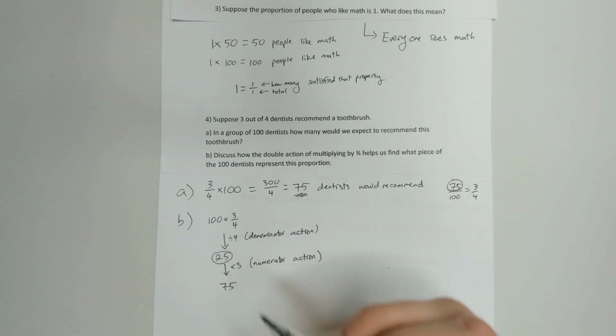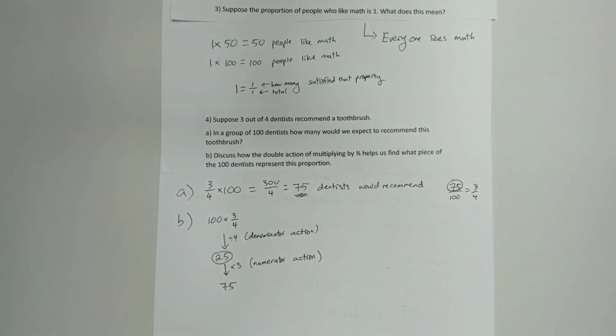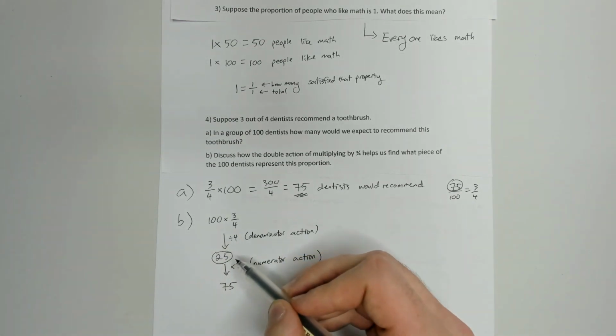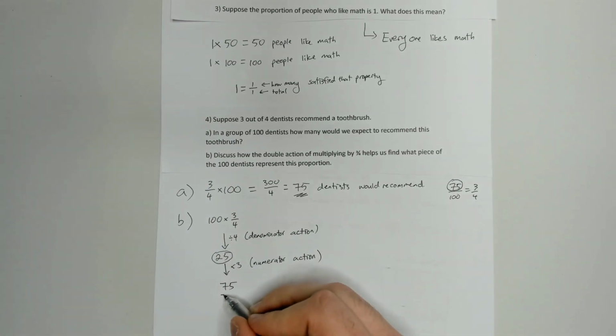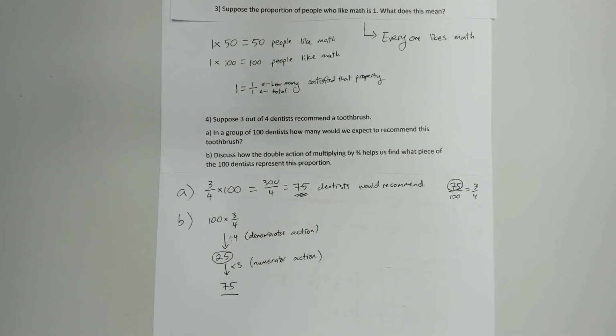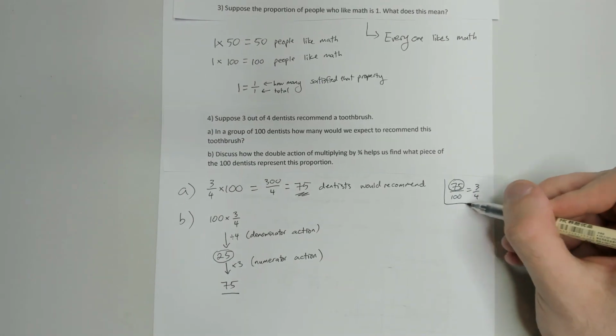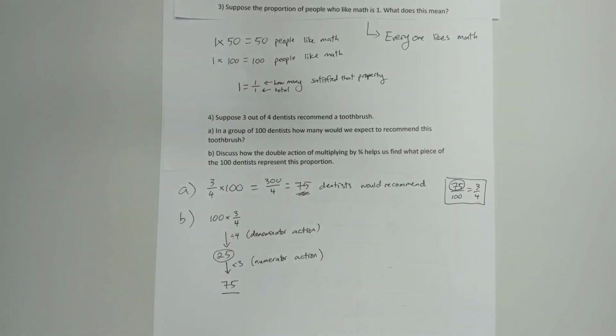We need 3 groups of size 25. So we took 100, split it into 4 groups, and now we're taking back 3 of those groups. That's where the multiplication by 3 comes in. So that gives us our 75 dentists, and that's how we're able to get this 75 that gives us a fraction equivalent to our original proportion.